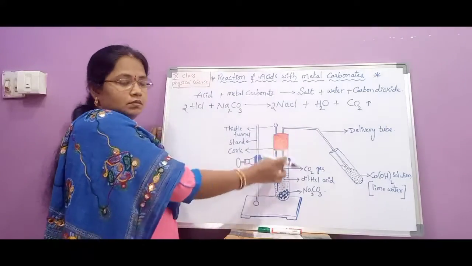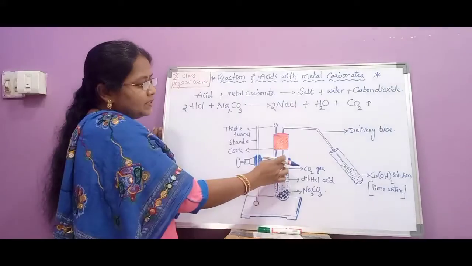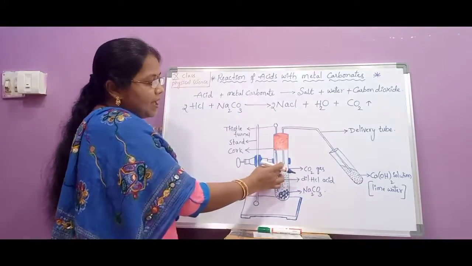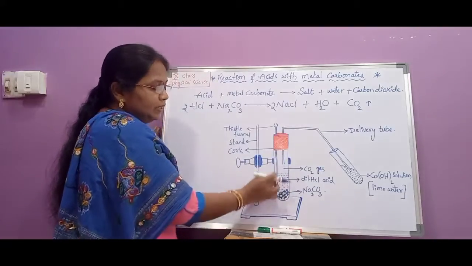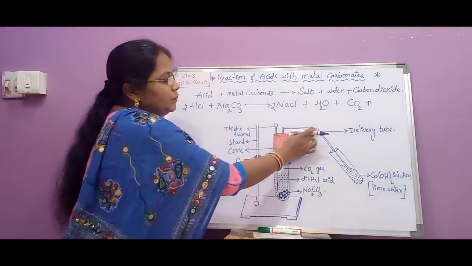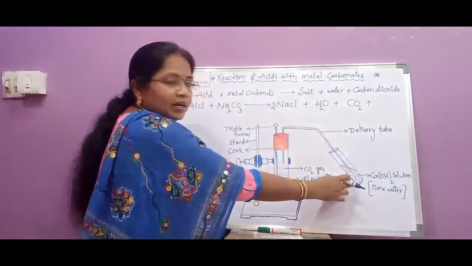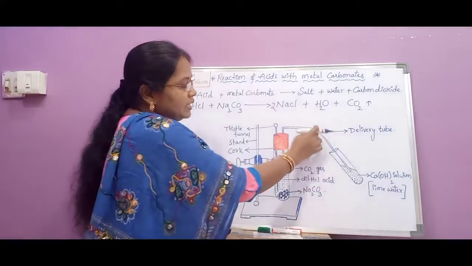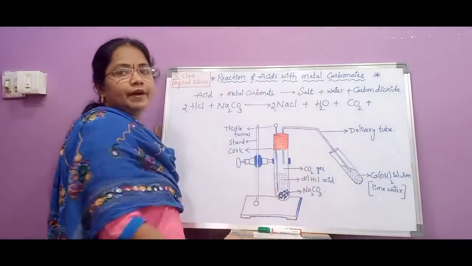Because this is a closed container fixed with a delivery tube, which is a long narrow glass tube open on both sides, the gas formed in the test tube after the reaction passes through the delivery tube and slowly enters this test tube. In this test tube we already have lime water.